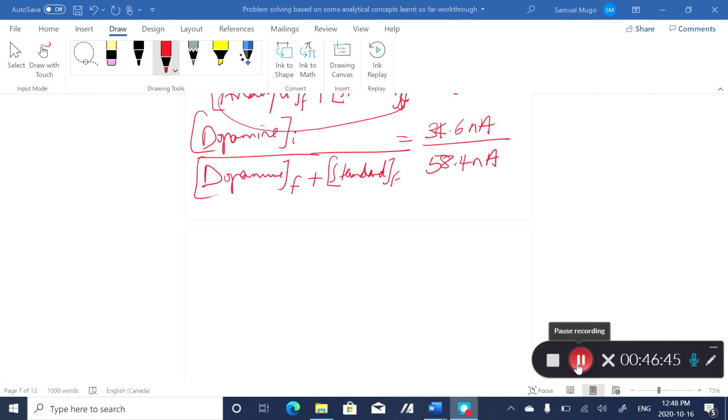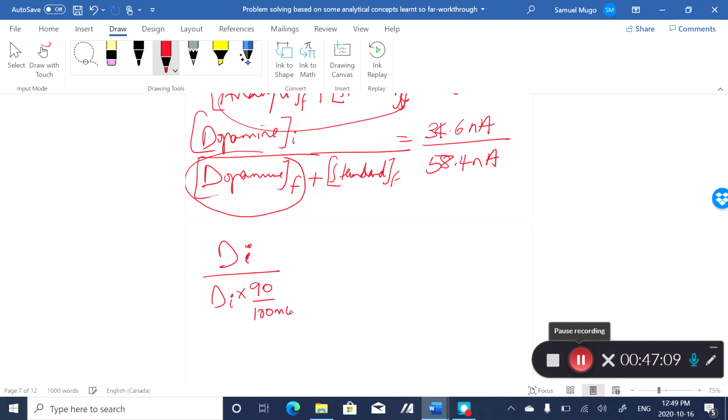So let's substitute this then. The dopamine initial, allow me just to use D, multiplied by the dilution relationship here. Remember, the dopamine final is equal to the dopamine initial multiplied by the dilution formula, which is 90 over 100.